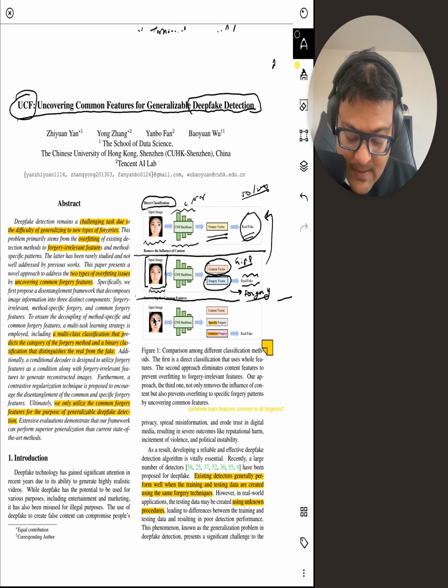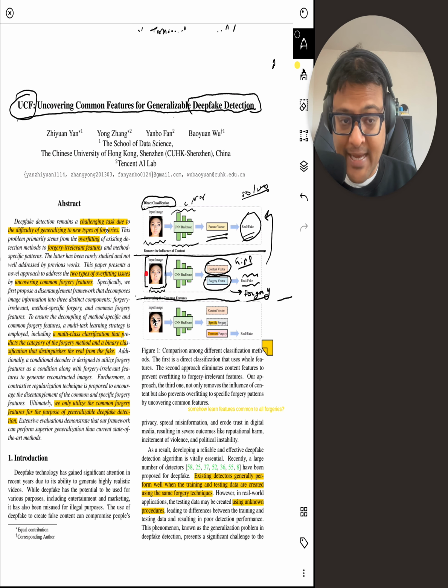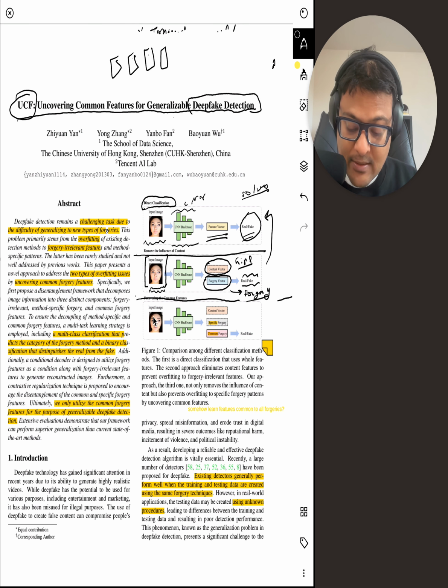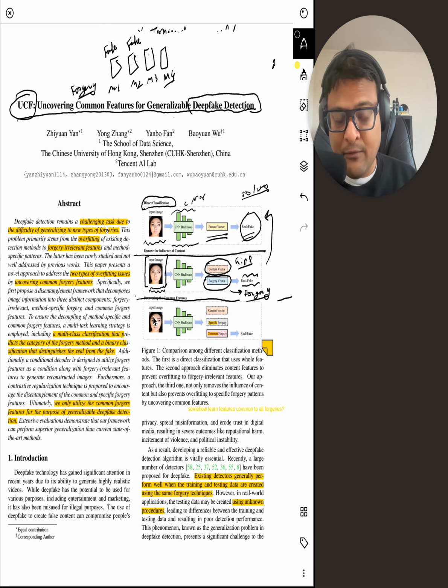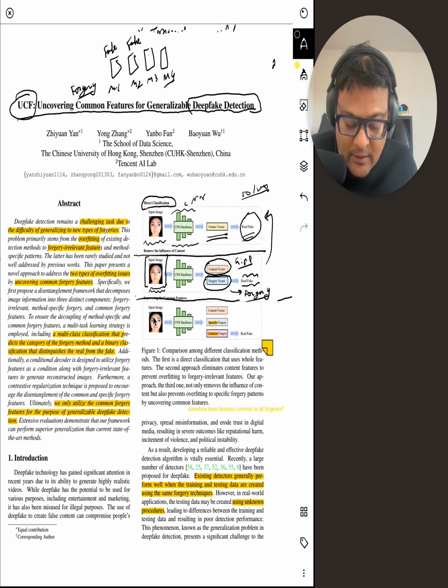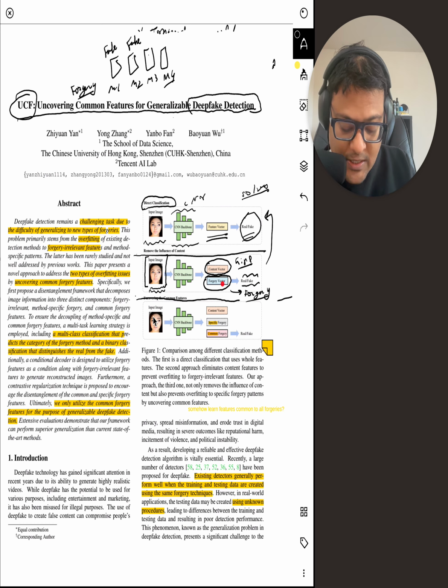Let's say during training you have images and these are all fake images, okay? And your training set only contains forgery sources from different models like M1, M2, M3, M4. If you try to learn these forgery features in such a way, then your network will only learn forgery features corresponding to the different models seen during training.